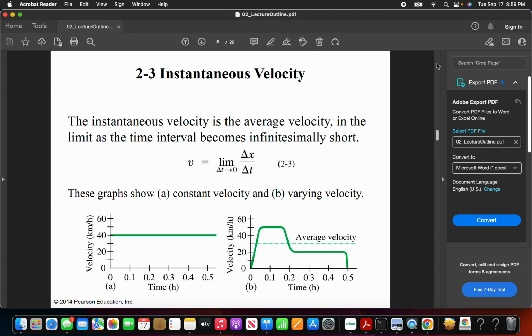Okay? So we see that there's a change in motion there. That's not a constant motion. So then that means there's some acceleration, right? Acceleration, whether that's speeding up or slowing down, right? That is an acceleration or a deceleration. Okay?